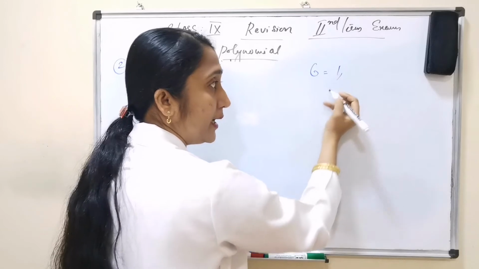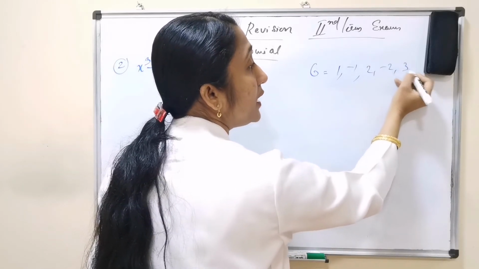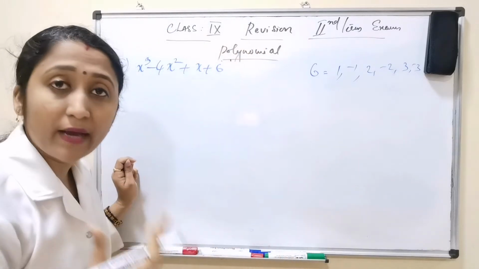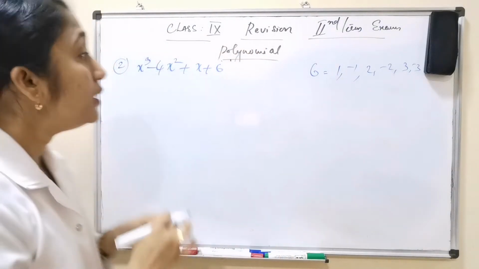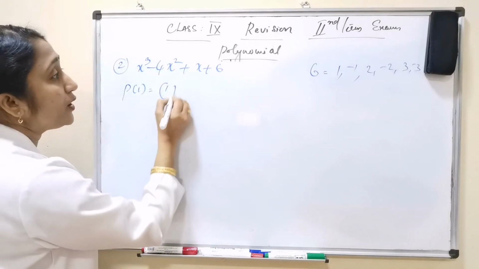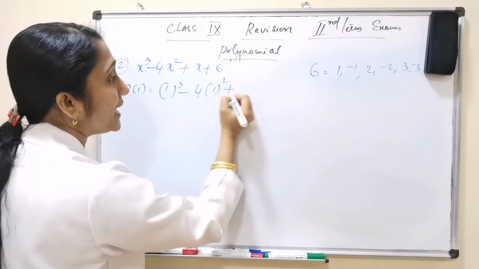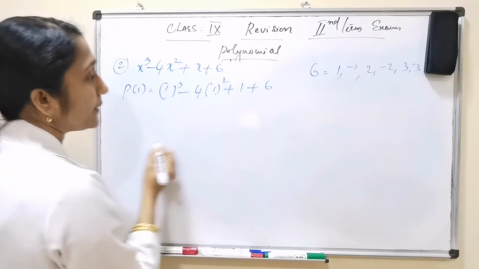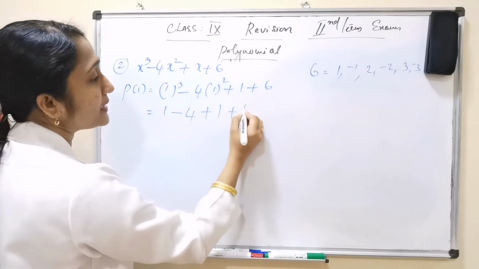That means 1, minus 1, 2, minus 2, 3, minus 3. These are the factors of 6. First of all we take 1. So we substitute p of 1 equal to 1 cube minus 4 into 1 square plus 1 plus 6. So 1 minus 4 plus 1 plus 6.